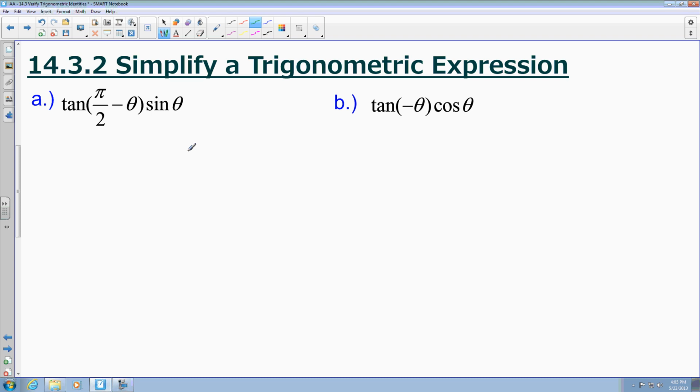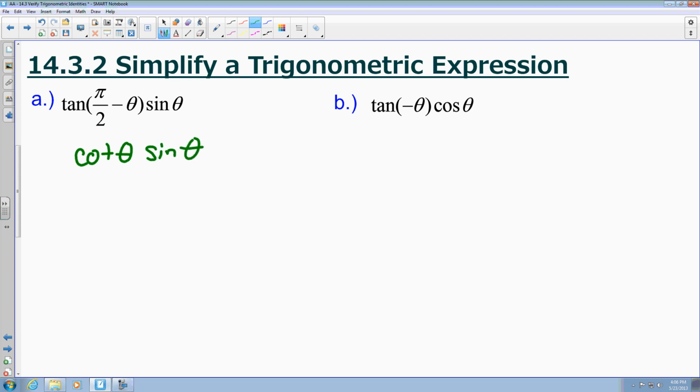So if I look at example A, I have the tangent of pi over 2 minus theta multiplied by the sine of theta. Well, if we go back to our first page, we have some trig identities that are going to help us out. The tangent of pi over 2 minus theta ends up equaling cotangent of theta, and that can be multiplied by the sine of theta.